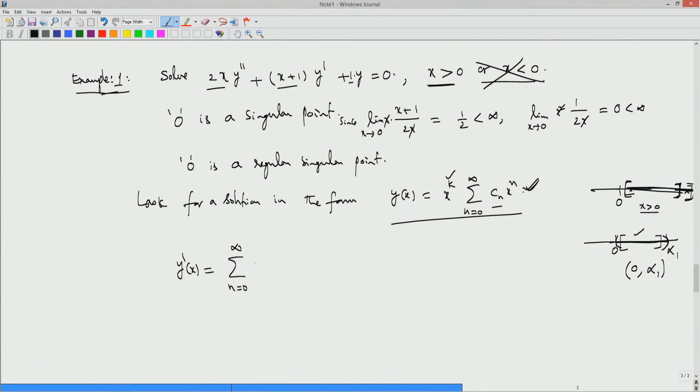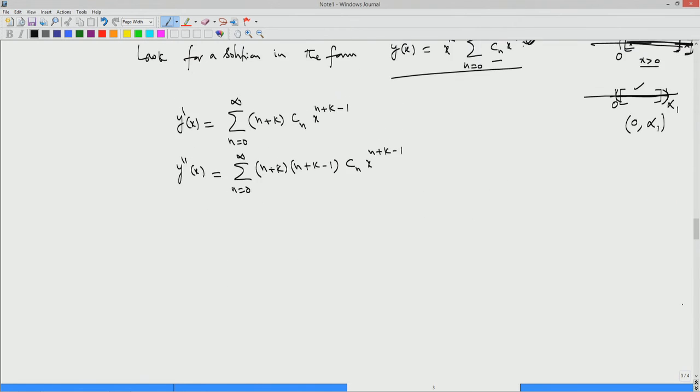So you have y dash equal to sum of n plus k c n x power n plus k minus 1. Differentiating once more, y double dash is the sum for n from 0 to infinity of n plus k minus 1 into n plus k c n x power n plus k minus 2.